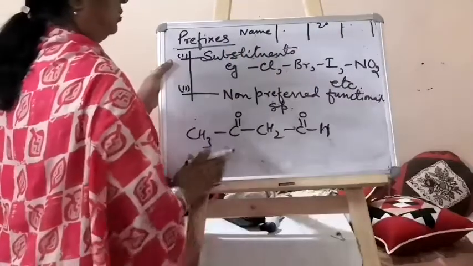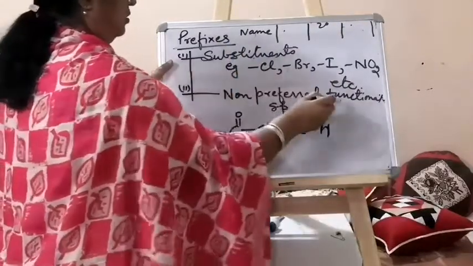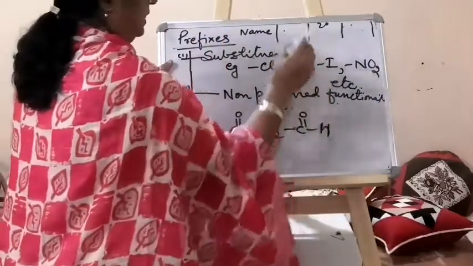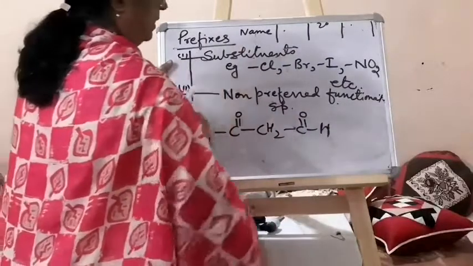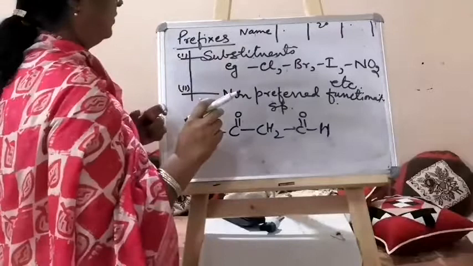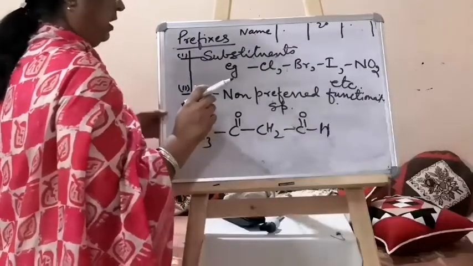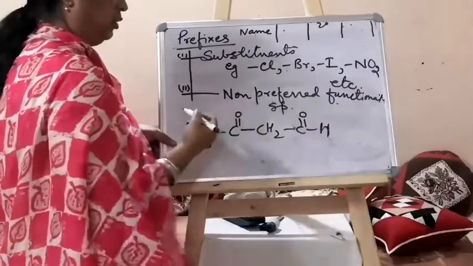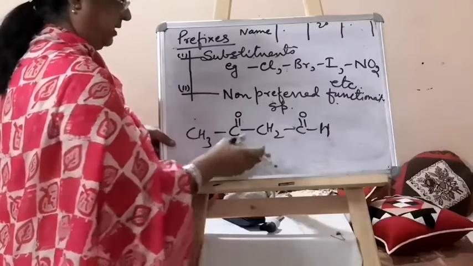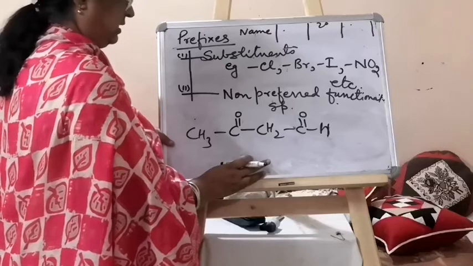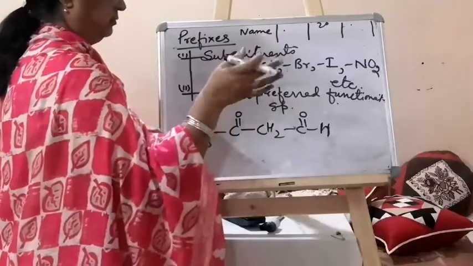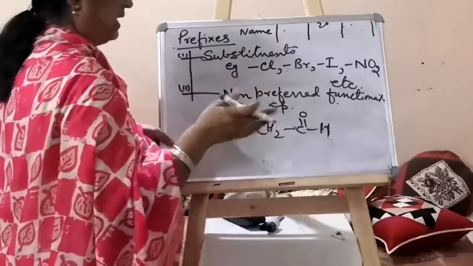So these four things you will have to learn: the name of the functional group, its formula, the secondary suffix for it, and the prefix for it. For every functional group there is a prefix. When a functional group is not included as the main one, it is for many reasons that you will see there. One of the reasons is that it is not so reactive, or it is less reactive.